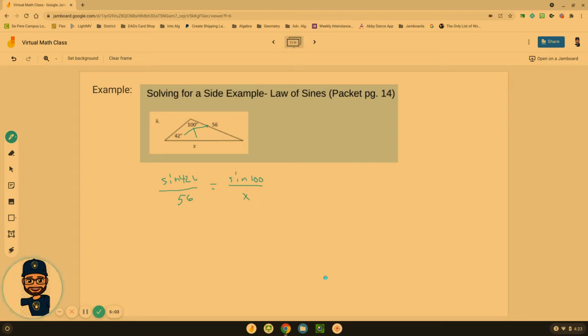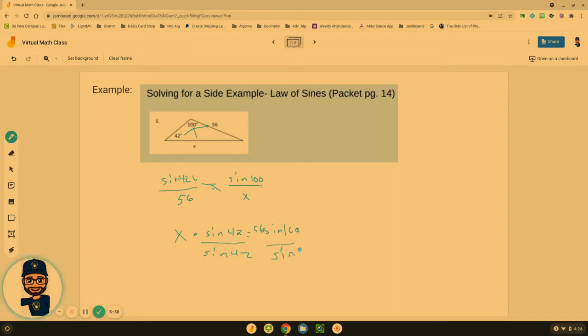So once we have that set up, this goes back to solving proportions. We cross multiply. X times the sine of 42 equals the sine of 100 times 56, or 56 times the sine of 100. Remember, sine of 42 is nothing but a number, so we're going to divide by sine of 42 on both sides.